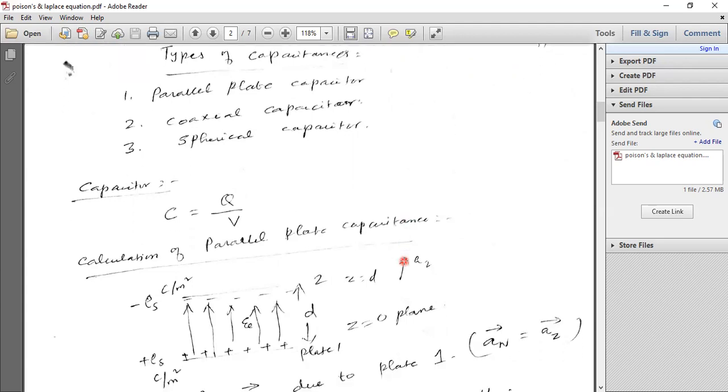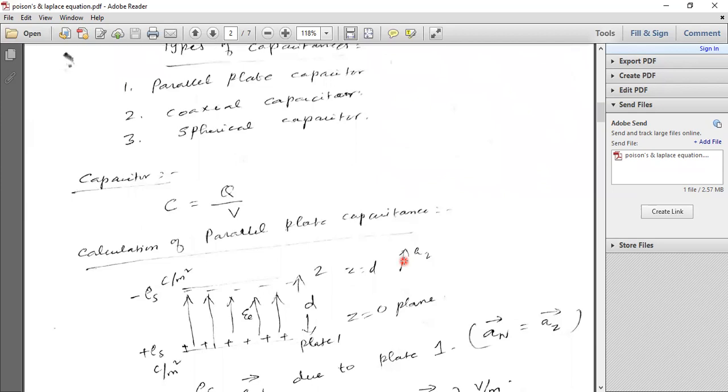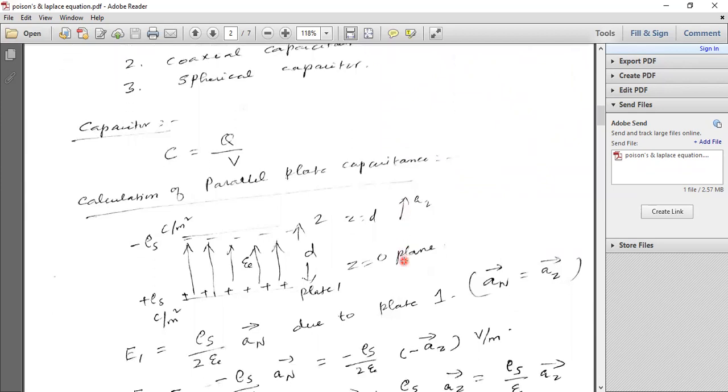We are taking the case of a parallel plate capacitor first. Capacitance is defined as the ratio of Q and the potential difference V between the two plates. Here we take two plates separated by a distance d, and the charges are distributed on the plates with a charge density rho s.